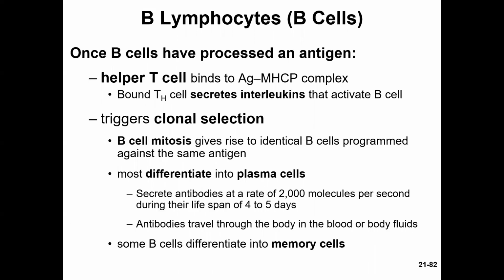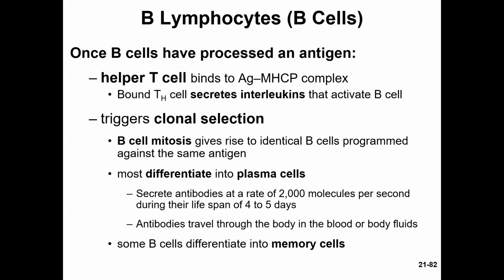Once the B cells have processed an antigen, the helper T cell binds to the antigen-MHC complex. The bound TH cell secretes interleukins that activate the B cell. This triggers clonal selection. B cell mitosis gives rise to identical B cells programmed against the same antigen.